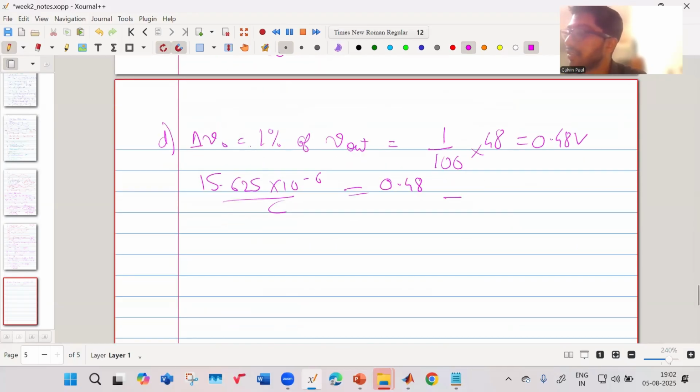So this implies, what is your value of C? 32.55 microfarad. 15.625 into 0.48, sorry, 15.625 divided by 0.48. Okay, 32.55. Sorry, I had made a mistake. So it is 32.55 into 10 to the power minus 6 farad. So it is 32.55 microfarad.